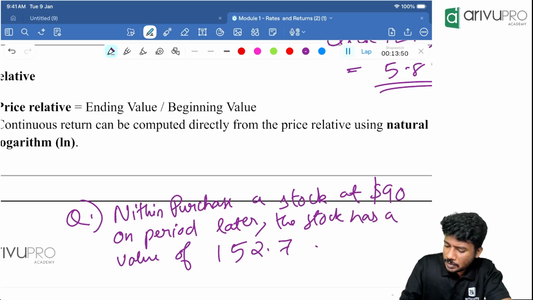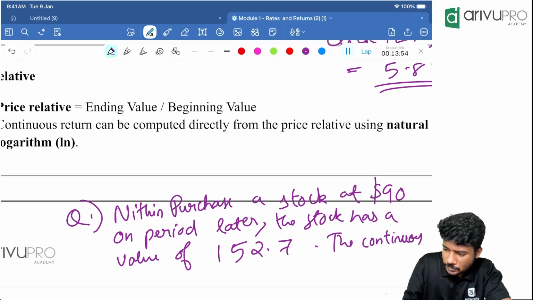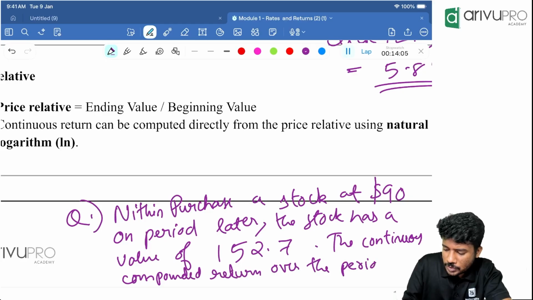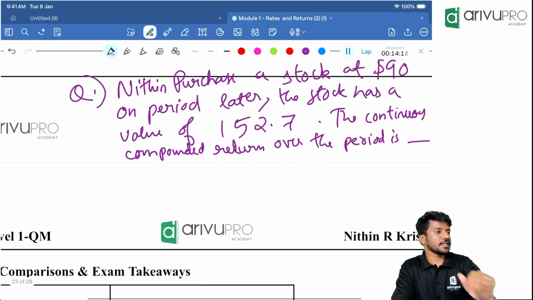Okay. The continuous compounded return over the period is how much? Period is dash. I'll put a dash, that is better. Yes, get me the answer.